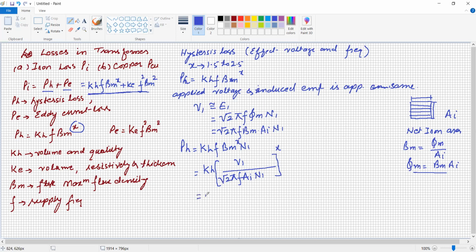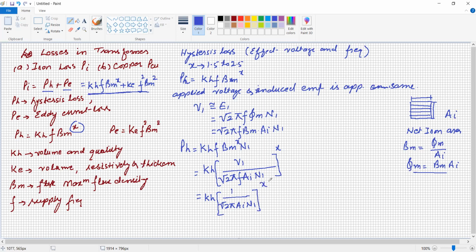So this is KH as it is. Now we will separate out the terms. It is 1 upon root 2 pi Ai into N1 in one bracket.